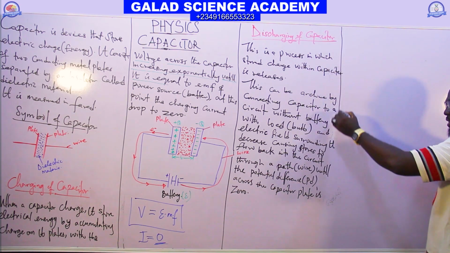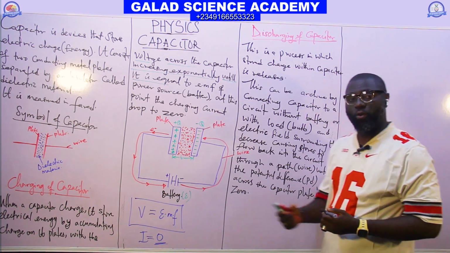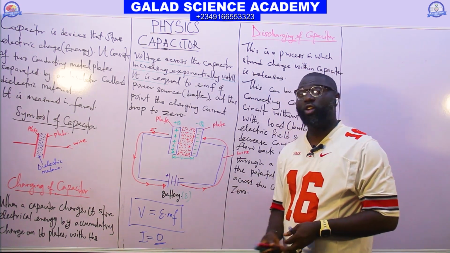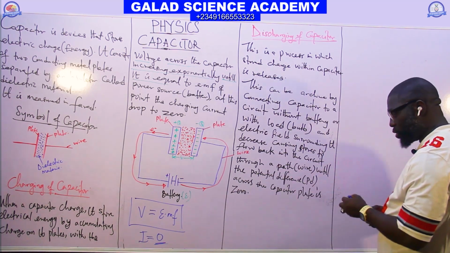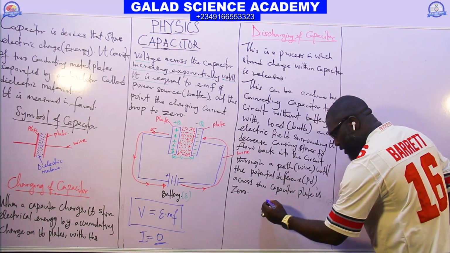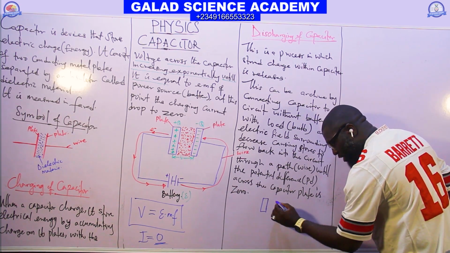That is it. If you remove the battery for discharging of a capacitor, assume I want to draw the circuit like this. Let me draw a small circuit for discharging here.